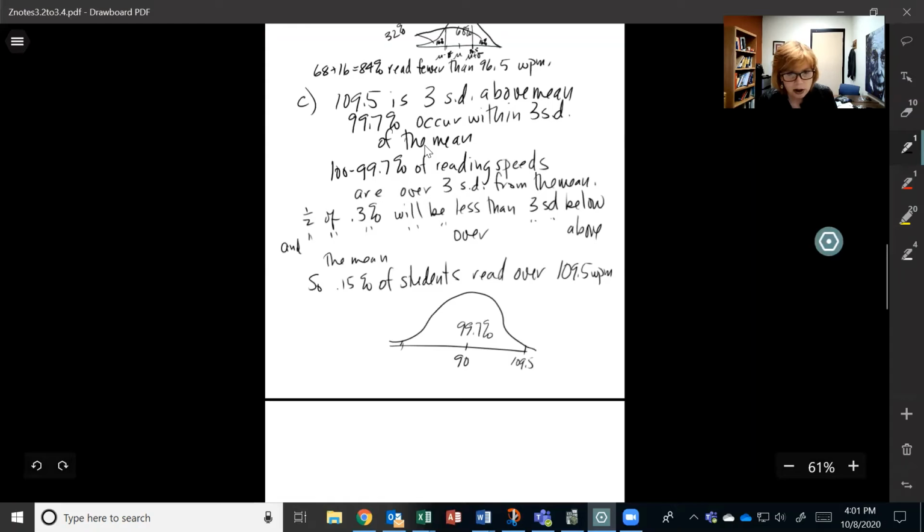So in these areas together, if I take this guy plus this guy, those 2 tails is 100 minus 99.7%, which is 0.3%. And each tail, so this guy's going to be 0.15%, half of the 0.3%, 0.15%. By the way, 0.15%, this is not 0.15, it's 0.0015. So this does not occur very often.